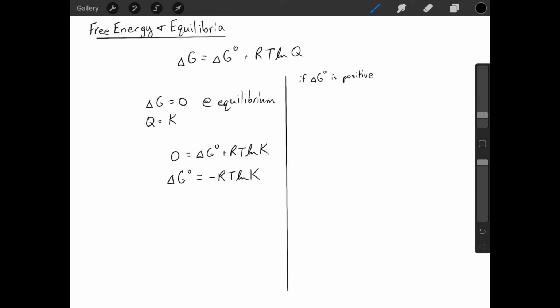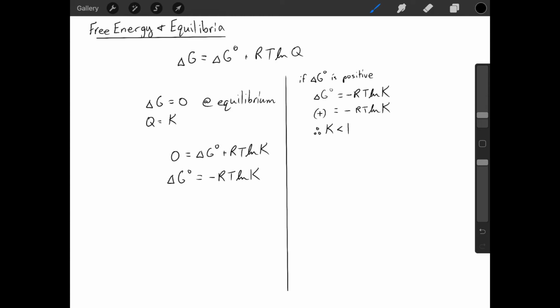So we can put a positive value into our delta G naught expression. If delta G naught is positive, that implies that the ln K term must be negative, and therefore K must be less than 1. So the forward reaction is non-spontaneous, and K is less than 1, which means that the reactants are going to dominate.